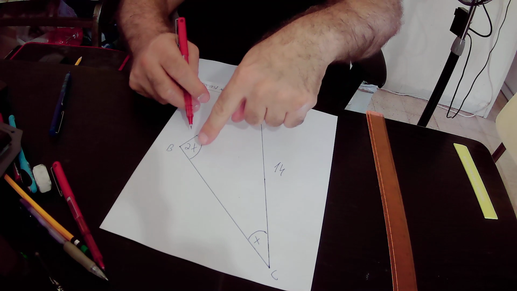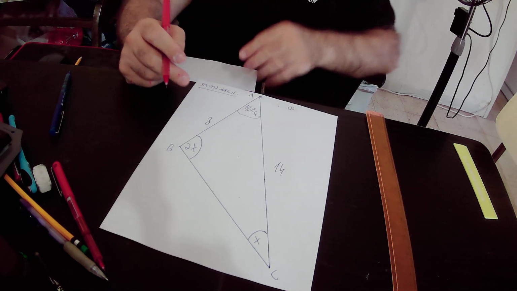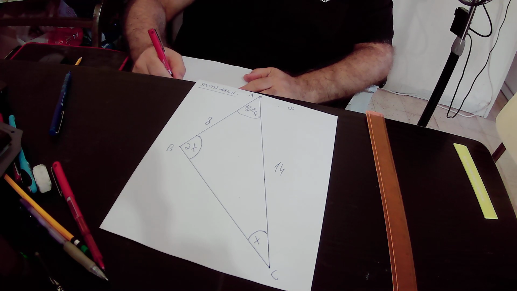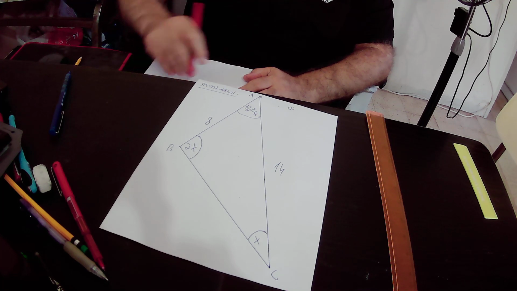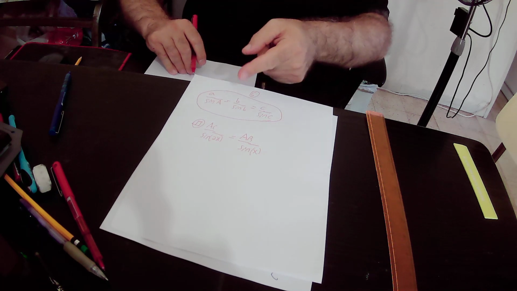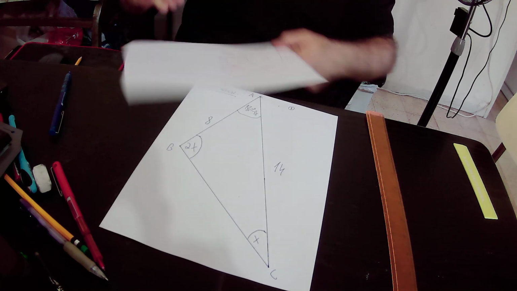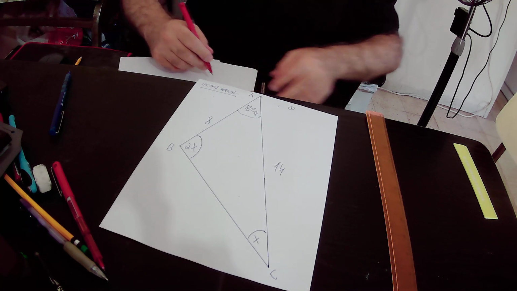AC over sine 2x equals AB over sine x. Again, according to the law of sines, AC over sine 2x equals AB over sine x. But what is the value of AC?